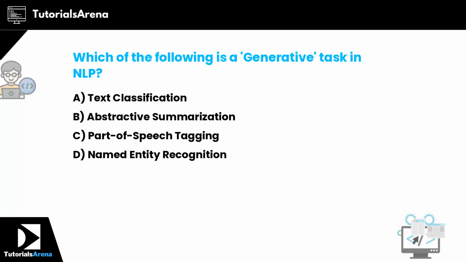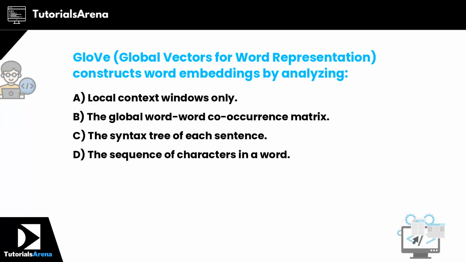Which of the following is a generative task in NLP? The correct answer is option B, abstractive summarization. GloVe, Global Vectors for Word Representation, constructs word embeddings by analyzing: The correct answer is option B, the global word-word co-occurrence matrix.